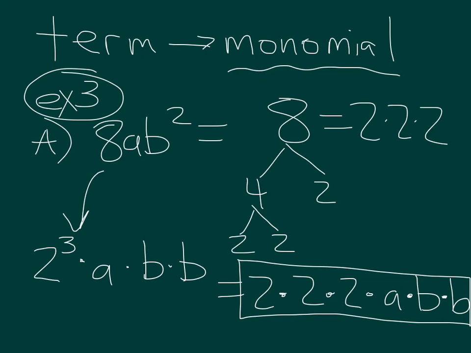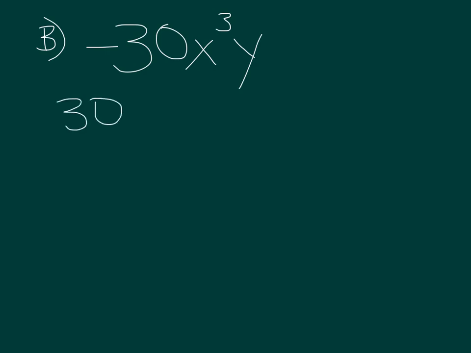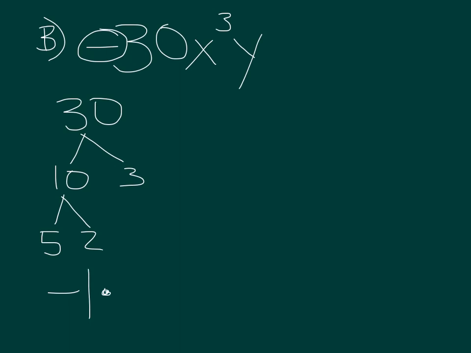Let's try another example. Letter B says negative 30x to the third power y. So the first thing we're going to do is factor the 30. So 10 and 3, 5 and 2. So as we factor this, realize this is a negative also. So one of the first things we have is negative 1 times 2 times 3 times 5, and that comes from all these.